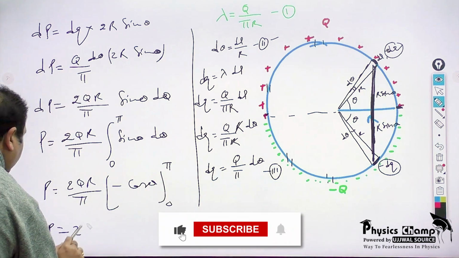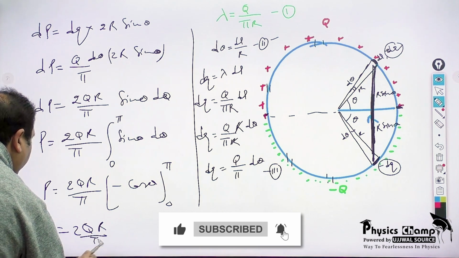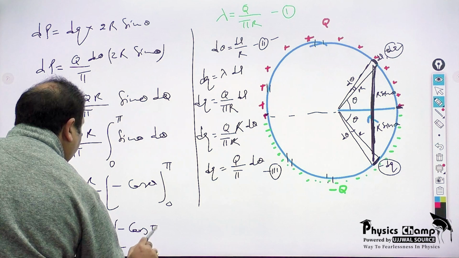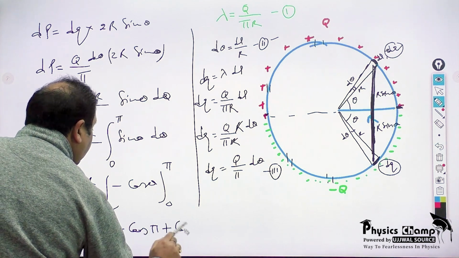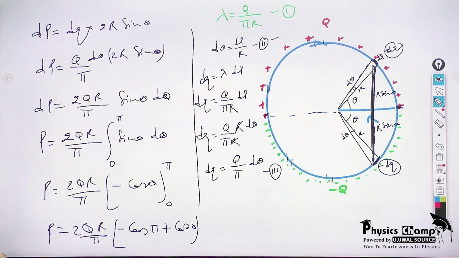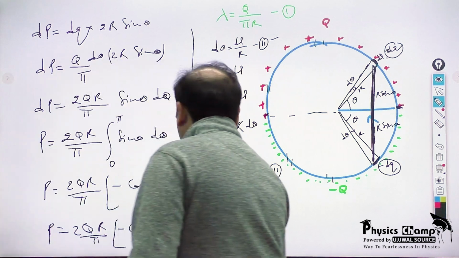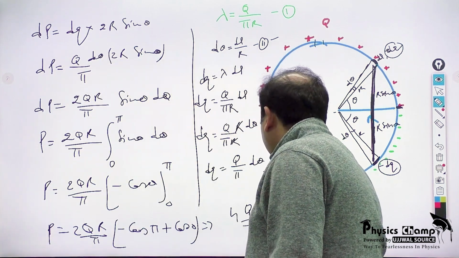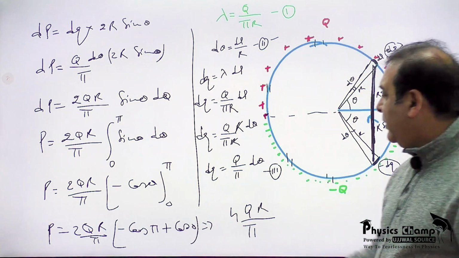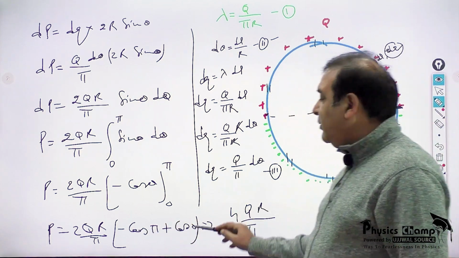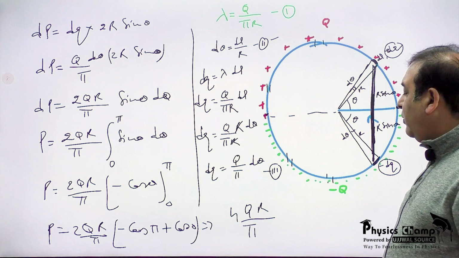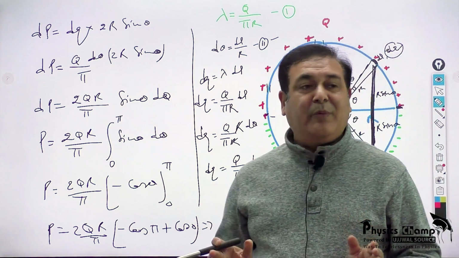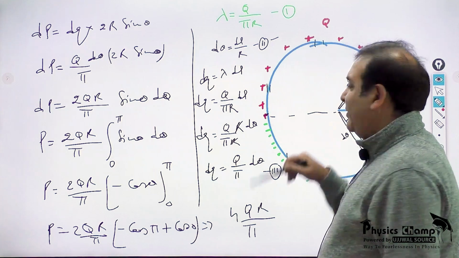So dipole moment is 2qr by pi, minus cos pi minus, so it will be plus cos 0. Cos pi is minus 1, so it becomes 4qr by pi ultimately. 1 minus minus 1, so it is 2. So it is 4qr by pi, which is the ultimate dipole moment of this arrangement.